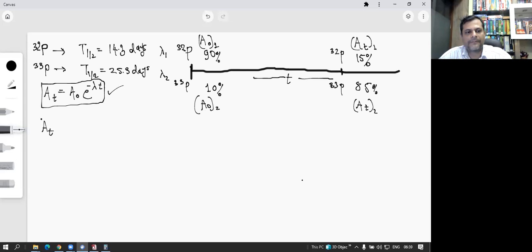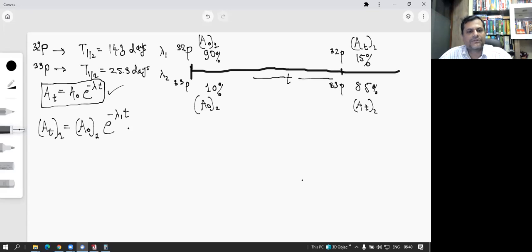A1 means the final activity, or activity after time t, for the first phosphorus is equal to the initial activity of the same phosphorus into e raised to minus lambda. Lambda is different for both, so we have to use the first one's lambda here. We call it lambda 1, so it is lambda 1 into t. t is common for both.